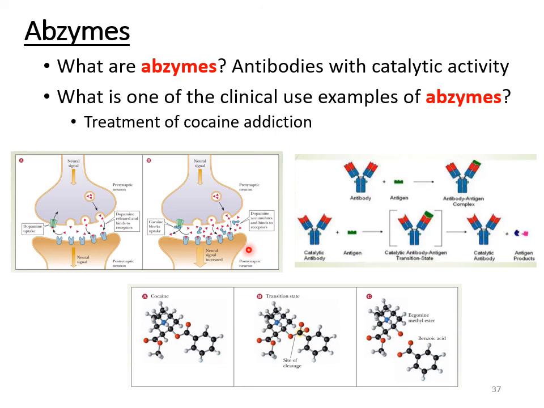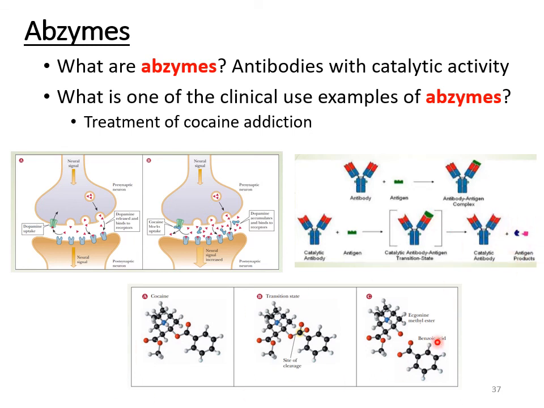And so what we do in terms of abzymes is you have an antibody with catalytic activity. So in this figure, you see what a regular antibody looks like. And this is a catalytic antibody where the figure shows when the antigen binds, you get the catalysis of the reaction that gives you antigen products.